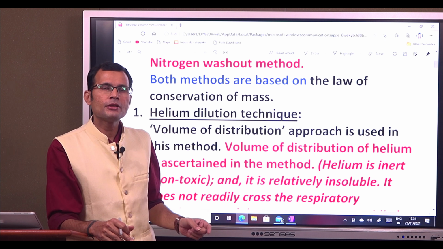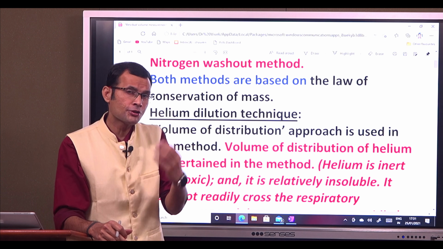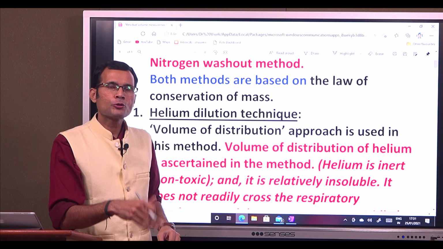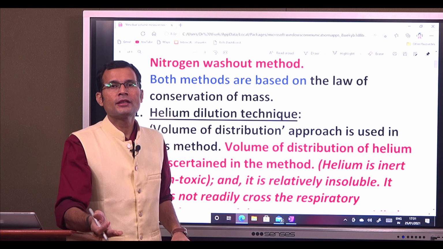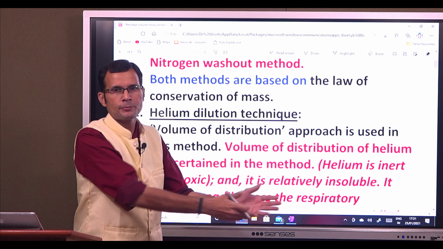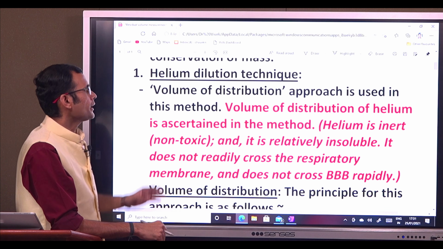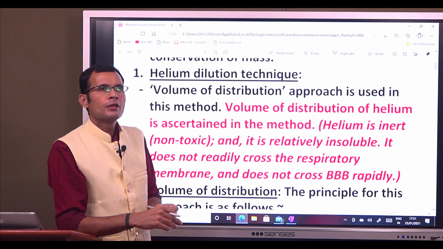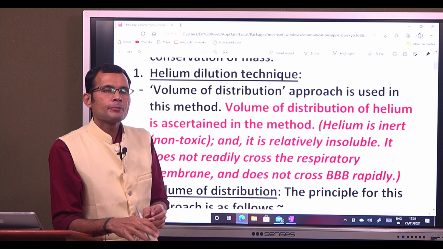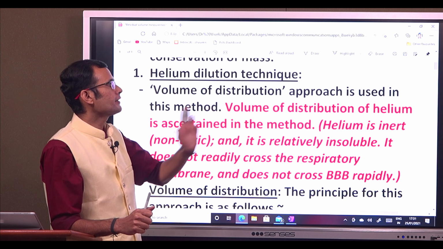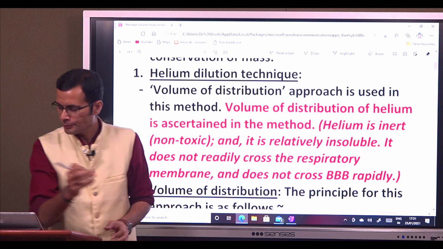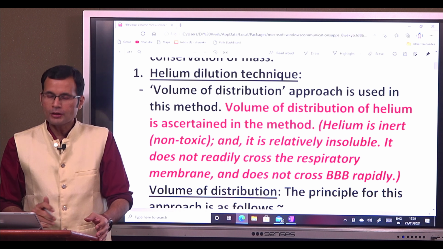The helium dilution method is a closed circuit method, whereas the nitrogen washout method is an open circuit method, as we will see in the subsequent discussion. Right, so let's take them one by one. Helium dilution method. The approach taken is volume of distribution.